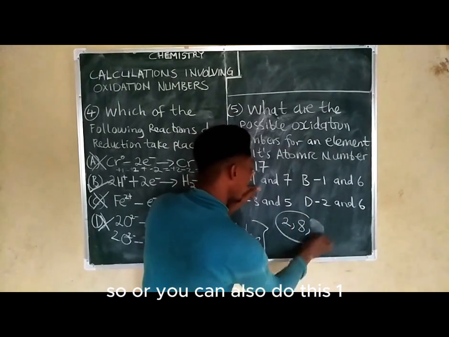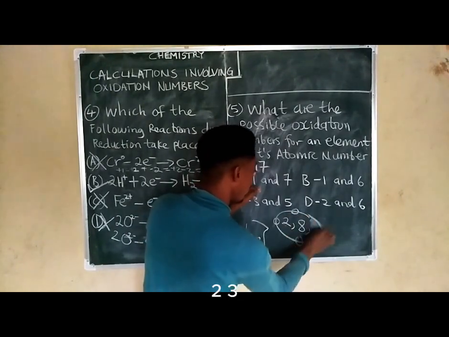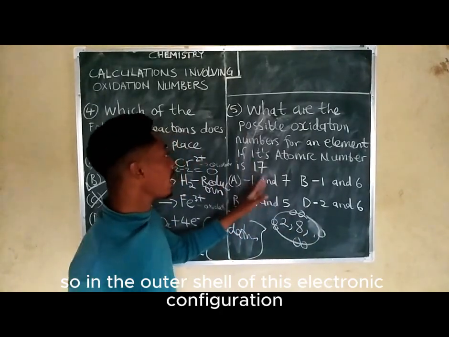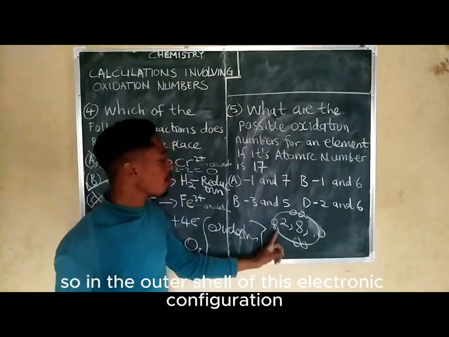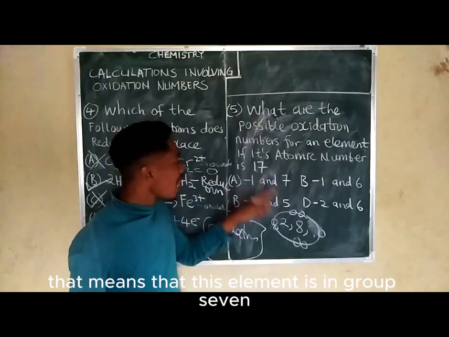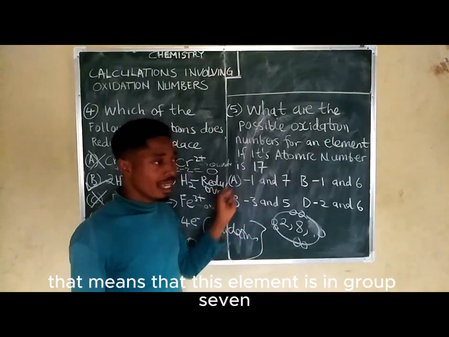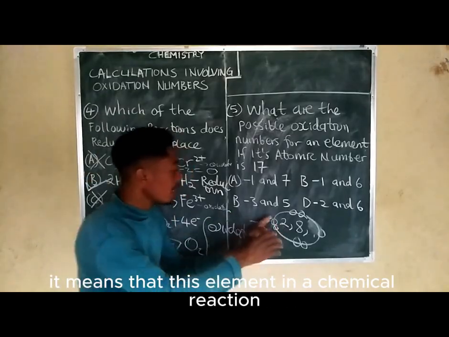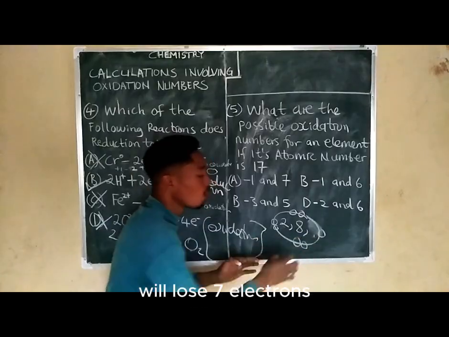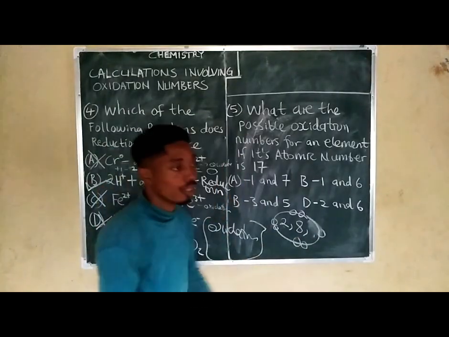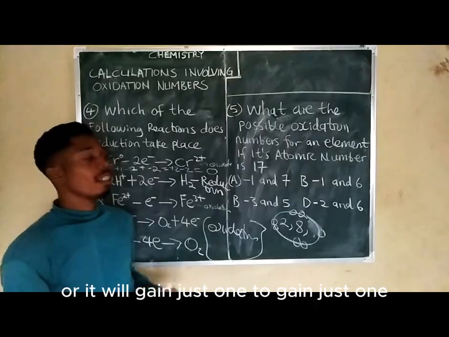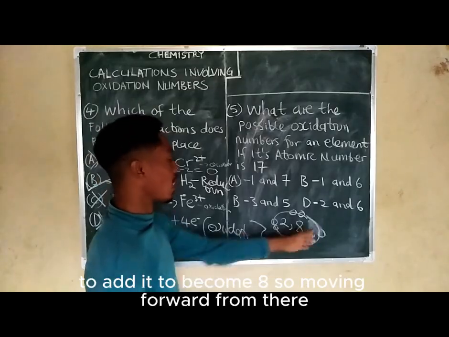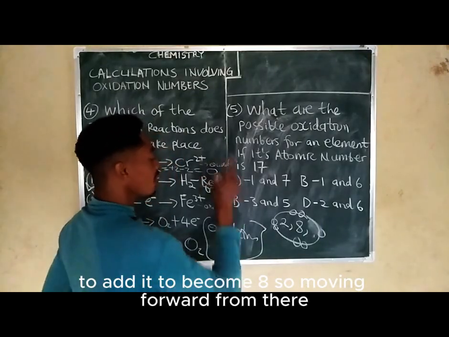Or you can also do this. 1, 2, 3, 4 pairing. 5, 6, and what? 7. So in the outer shell of this electronic configuration, I'm going to have 7 electrons. That means that this element is in group 7. If this element is in group 7 in the periodic table, it means that in a chemical reaction it will lose 7 electrons, or it will gain just 1, to add it to become 8.